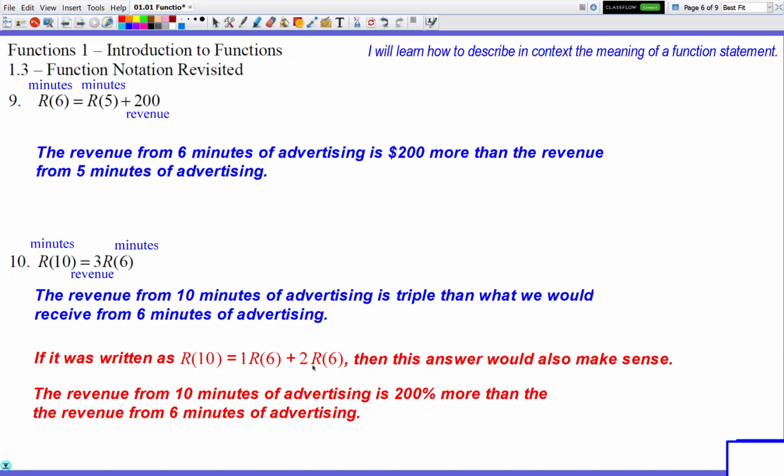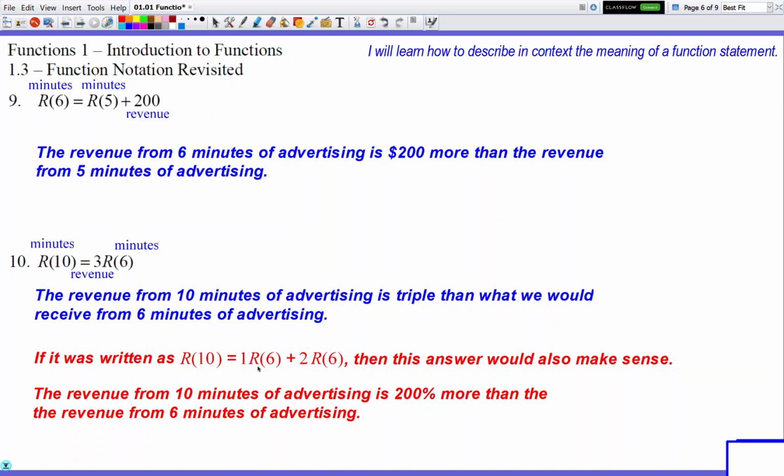If the problem was written like this, how does my translation change? Well, I wouldn't use the word triple because I'm not multiplying by 3. But it's still the same function notation, because when I add these like terms, they make 3 times R of 6.